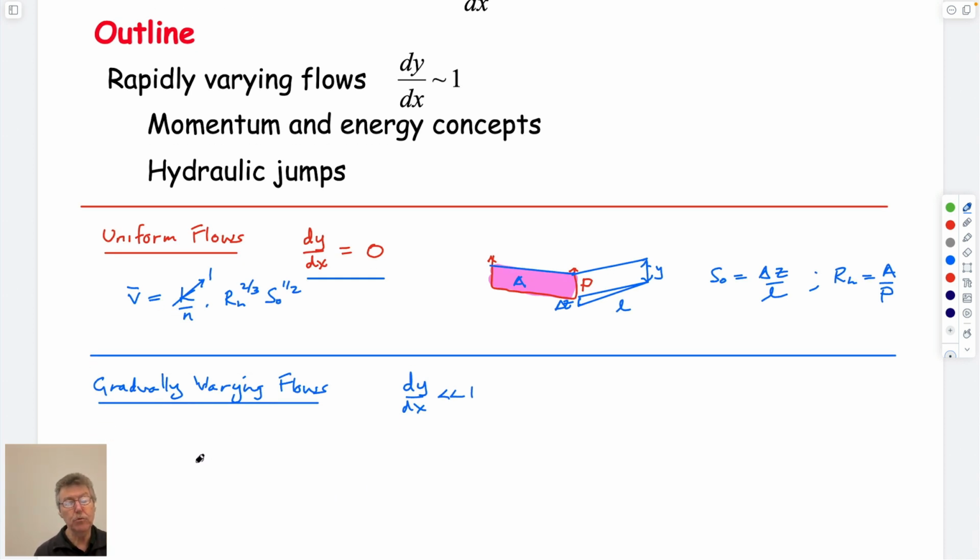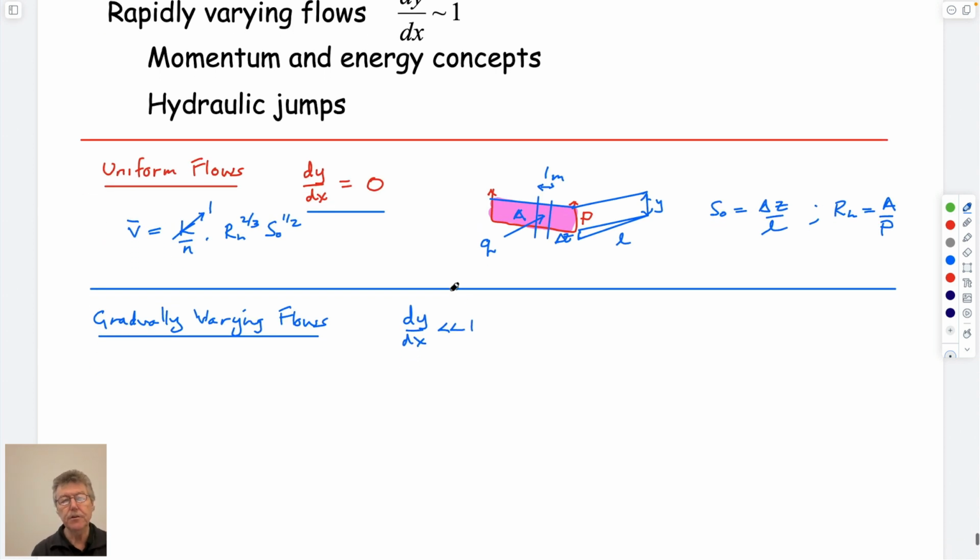And I guess what we did was we took this particular geometry and we defined a flow rate that was present within a unit width of this, 1 meter or 1 feet wide. And so Q is in meters cubed per second divided by length.